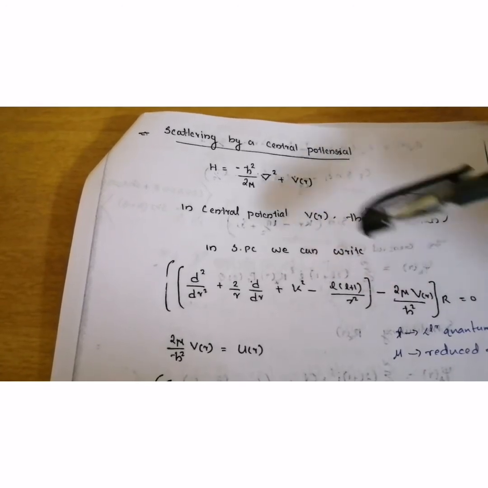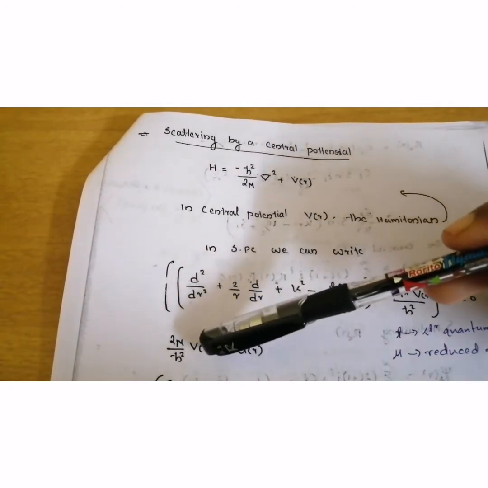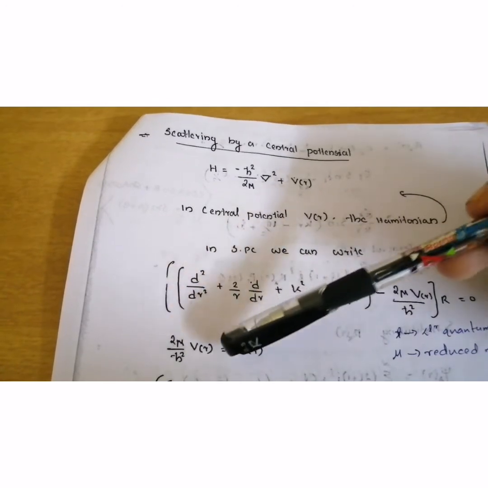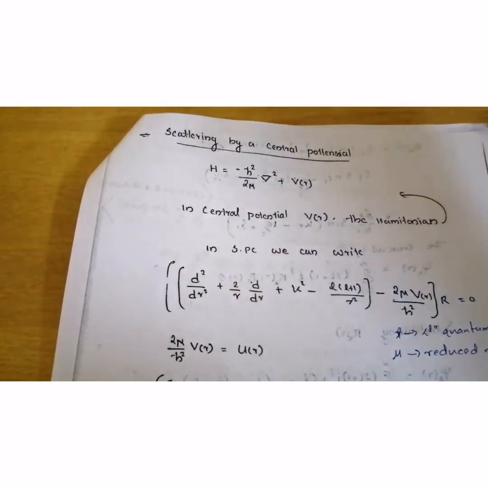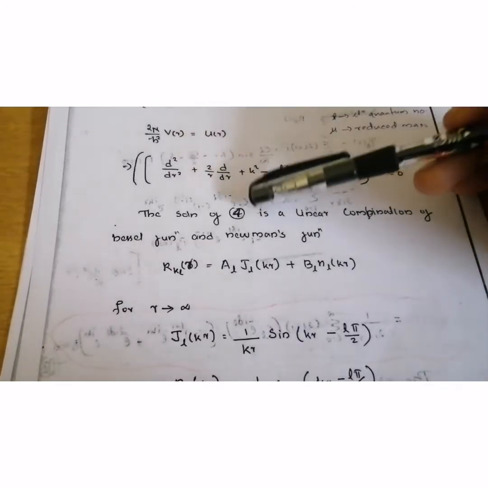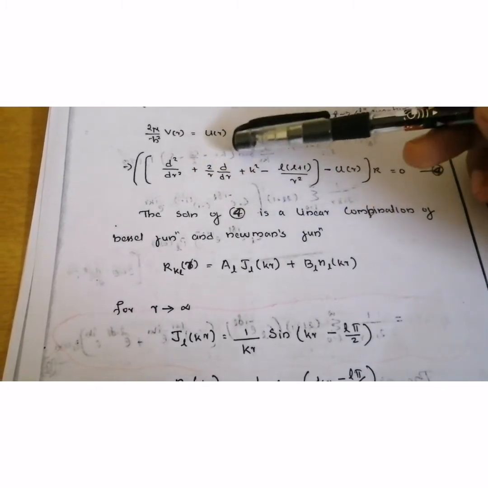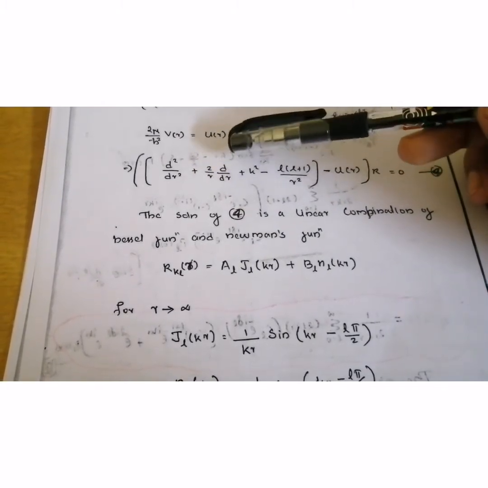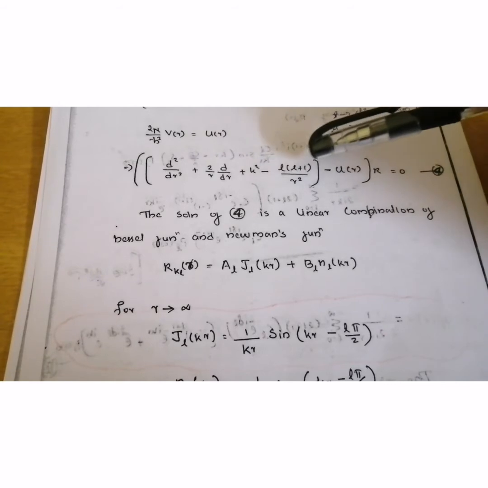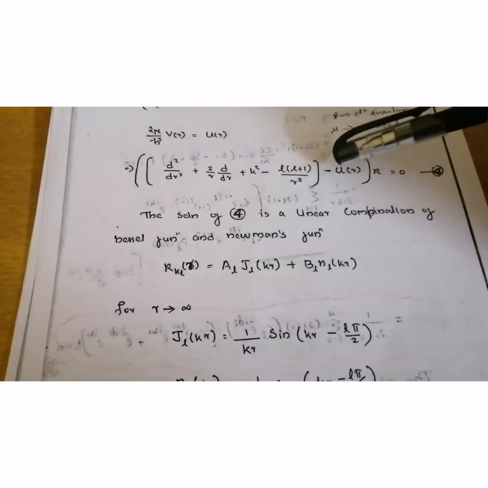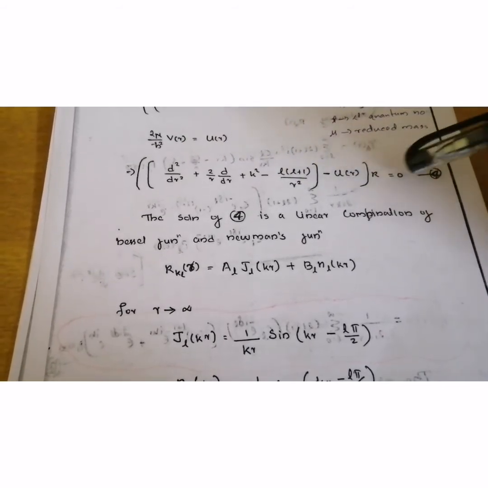We can put 2μ/ħ² V(r) equal to U(r). So our equation becomes d²/dr² plus 2/r d/dr plus k² minus L(L+1)/r² minus U(r) into R, that is equal to 0.